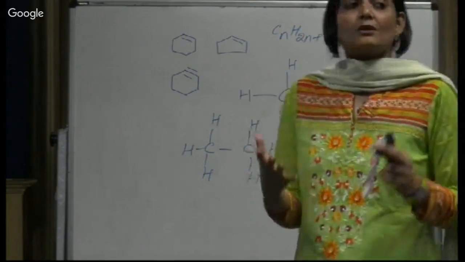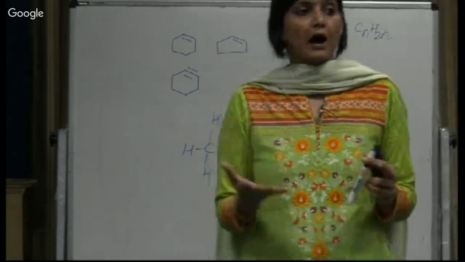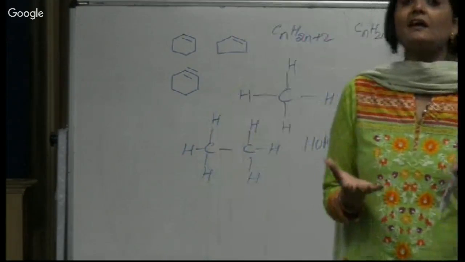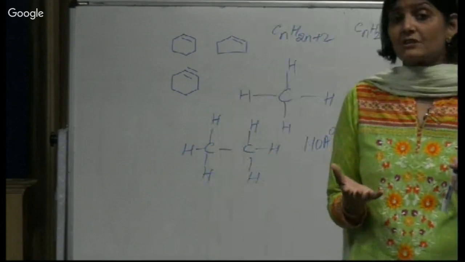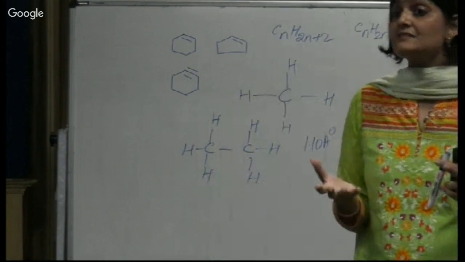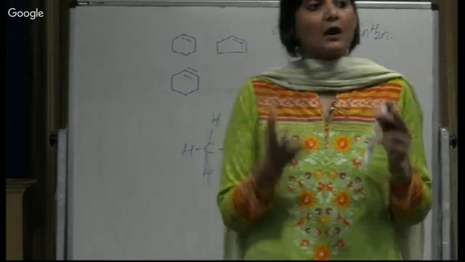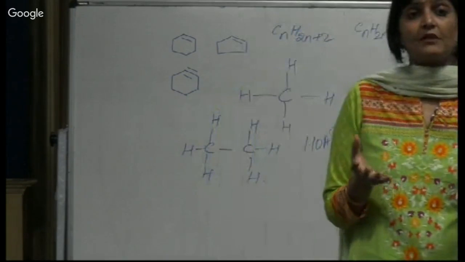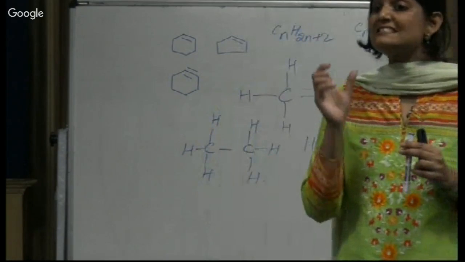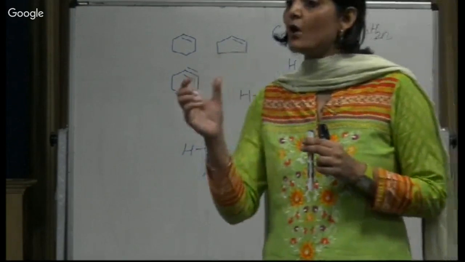Alkanes being non-polar compounds, the only kind of forces of attraction which will exist in alkanes are the weak van der Waals forces of attraction, right? Now these van der Waals forces of attraction will depend upon the size and the shape of the molecule.